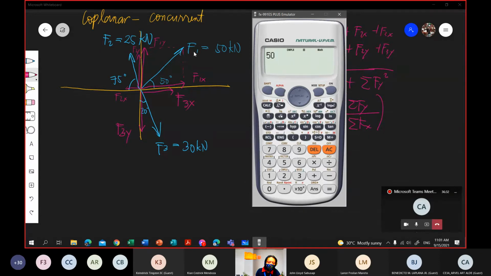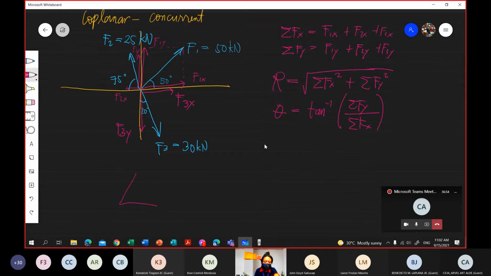And of course, you input not only the magnitude but also the direction of F1. The direction of F1 is 50 degrees from the x-axis. How do you input it? In your calculator, there is this sign, can you see this one? Yes, sir. If you remember, this is the sign.